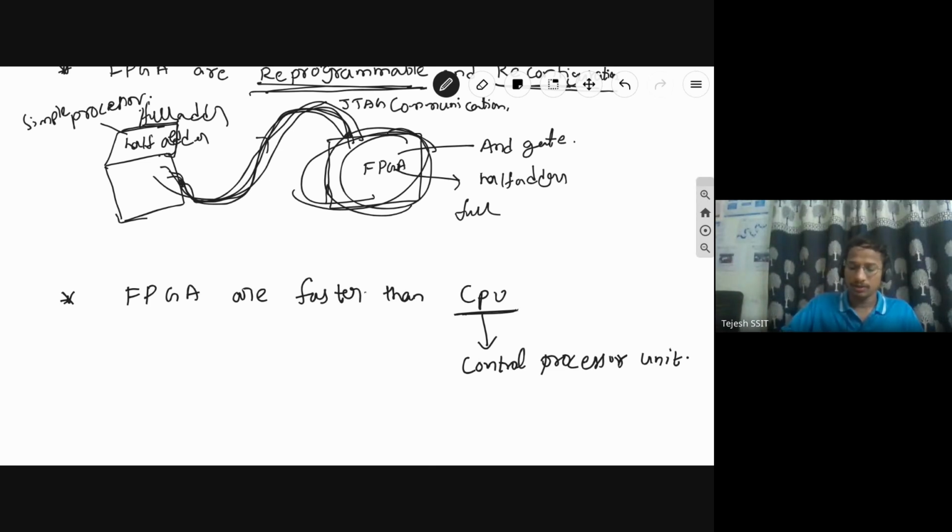Your CPUs work with microsecond speed, but our FPGAs work with the speed of nanoseconds.